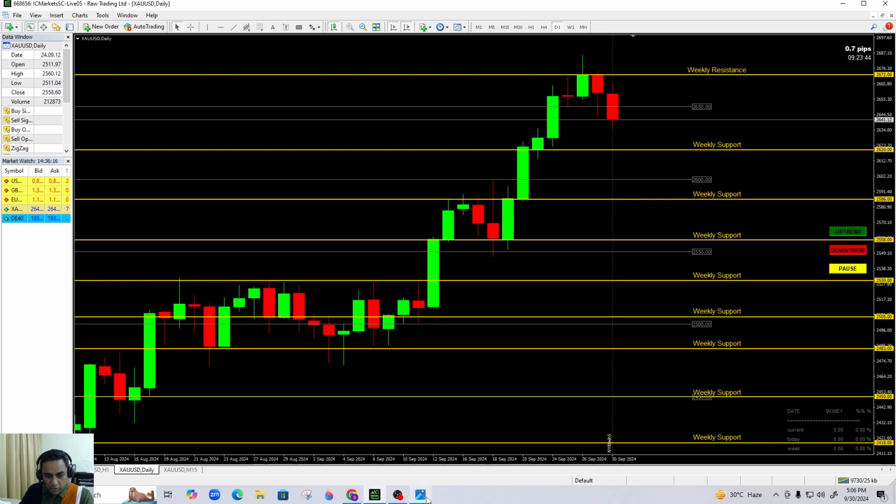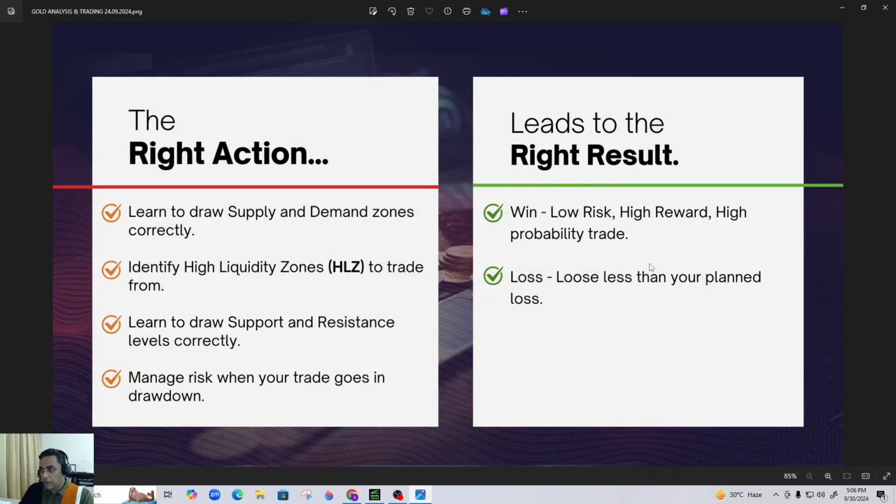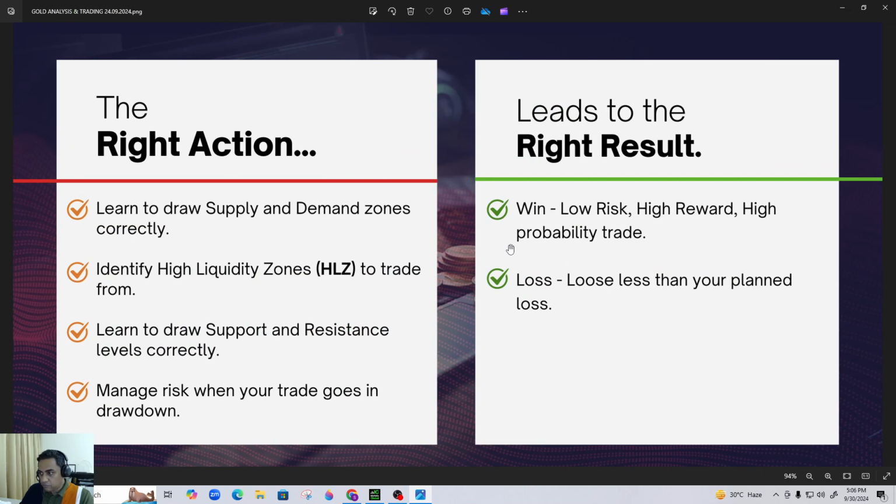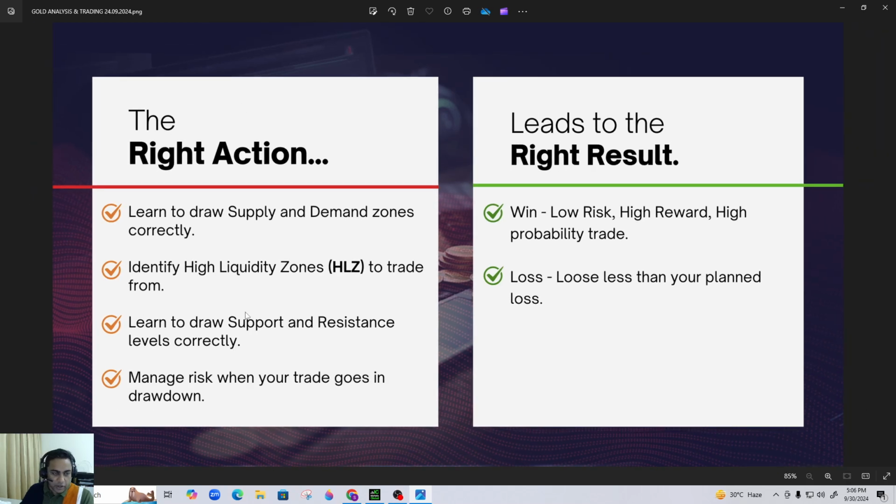Before we get to that, I'm going to very quickly bring up the purpose of these streams. The purpose basically of these streams, right? To learn to draw supply demand zones correctly, to identify high liquidity zones or HLZ to trade from, to learn to draw support and resistance levels correctly, and to learn to manage risk when your trade goes against you, when your trade goes in drawdown, right?